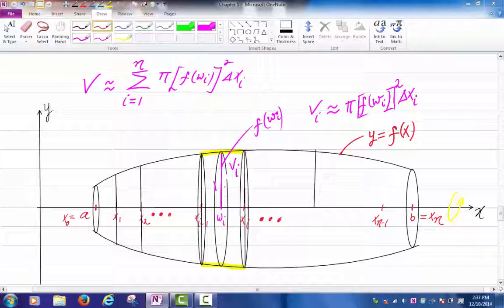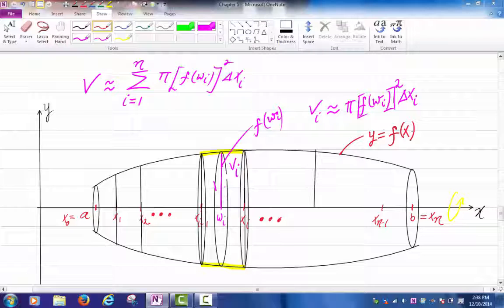While I'm revolving, it's important to realize I'm revolving not just the graph, but the region between the graph of f and the x-axis, from a to b, around the x-axis, and I'm getting a solid like this. Everybody's clear?